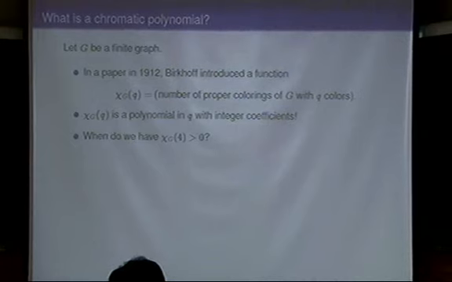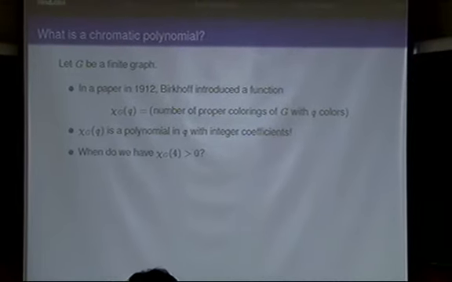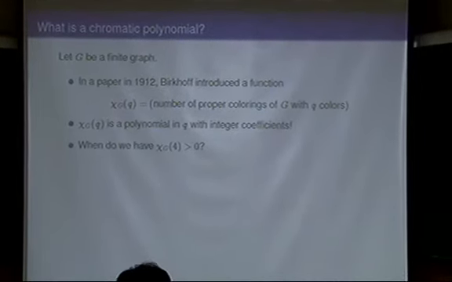And we are interested in the log-concavity property of the chromatic polynomial of a graph. So what is a chromatic polynomial? If you have a finite graph G, and if somebody gives you a number q, then you can count the number of ways that you can color G with q colors.